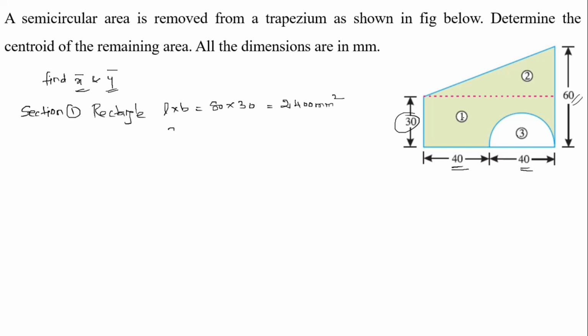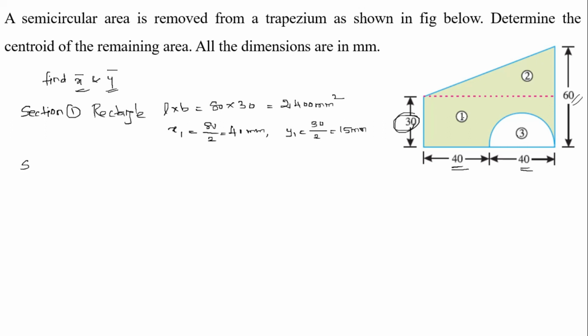And now we have to calculate x1, which is equal to 40 plus 40, 80 divided by 2, which is equal to 40 mm, and y1, which is equal to 30 divided by 2, which is equal to 15 mm.